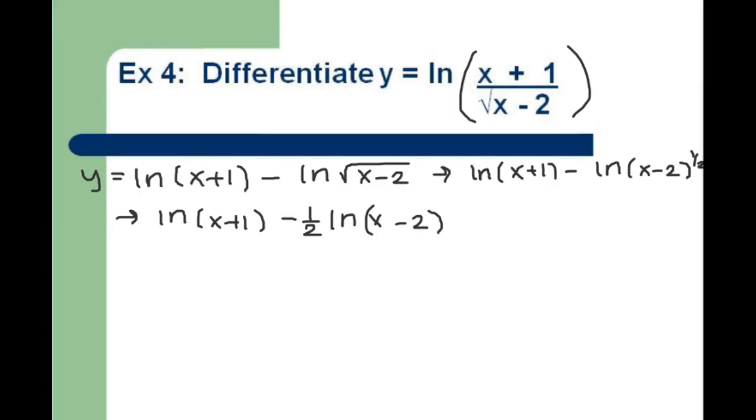So now I could take the derivative of that simplified form.